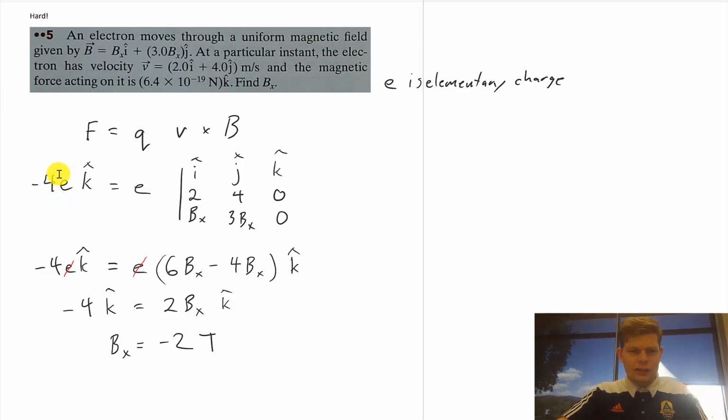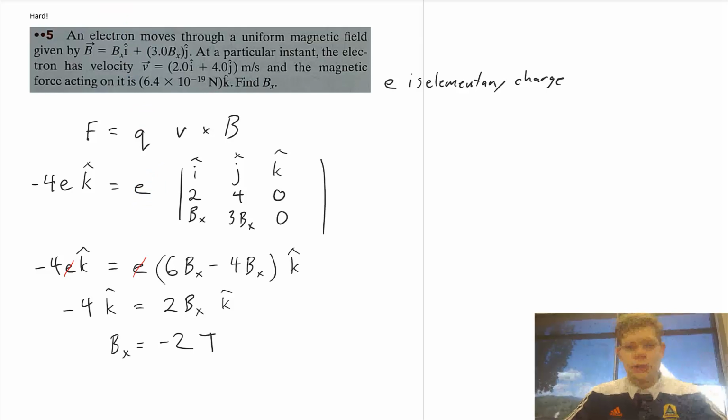If I write it like this, I can cancel out my e's right away, and that makes my numbers a lot easier, and that helped me solve it. You can still do it without it. It's just not as easy to do in your head. Anyway, if you left the number there, so instead of negative 4 times e, you could have just put 6.4 times 10 to the negative 19, and here you could just put negative 1.6 times 10 to the negative 19. And it would also work, but not be as pretty.